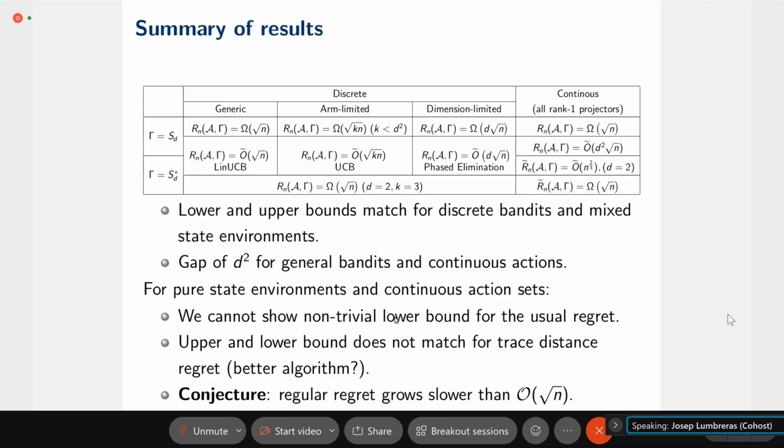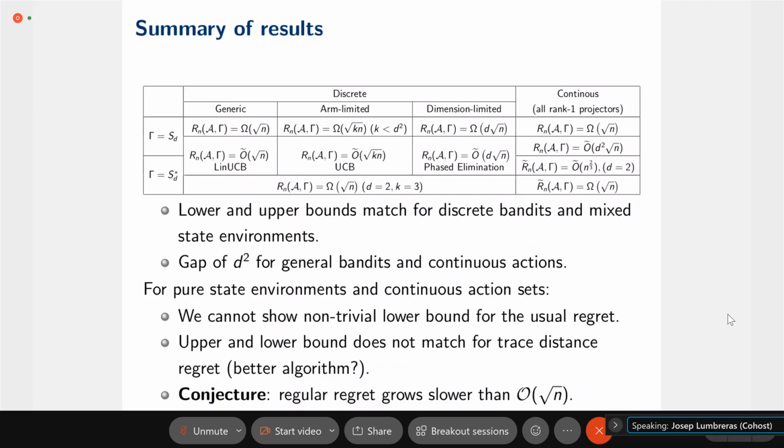And then I think the best open problem is in this pure state case. As I showed you before, when the actions are all rank 1 projectors and the environments are pure states, the lower bound scales for the trace distance regret as square root of n, and actually for the normal regret it's just a trivial lower bound.